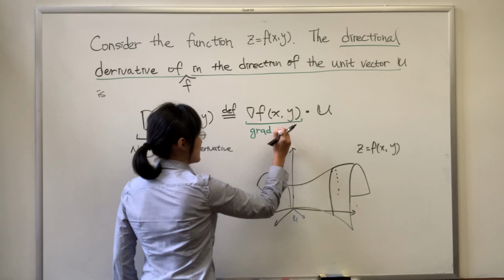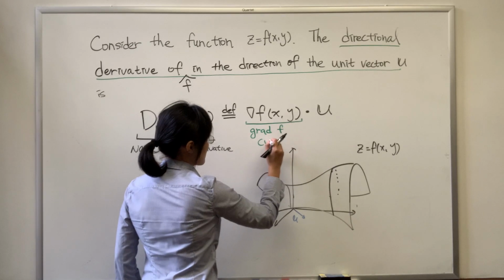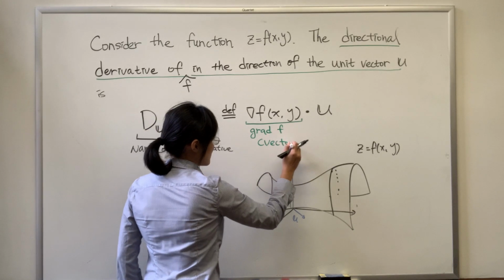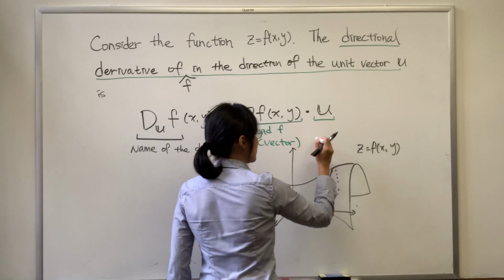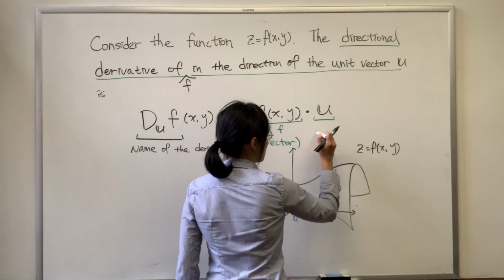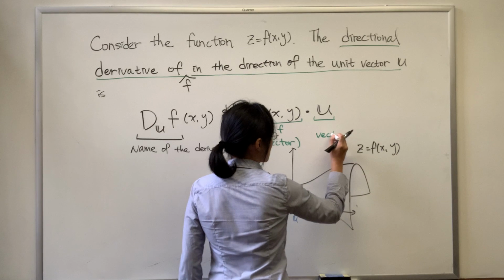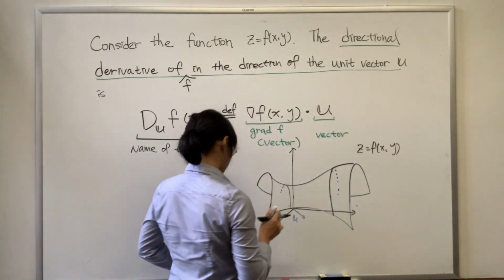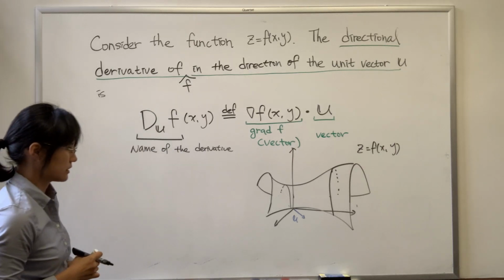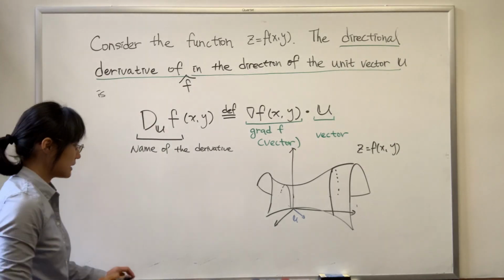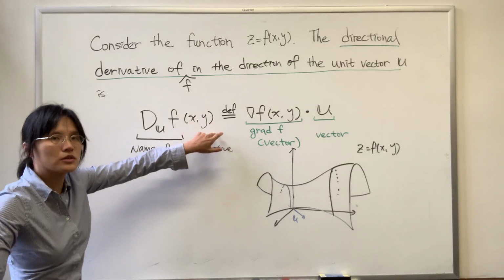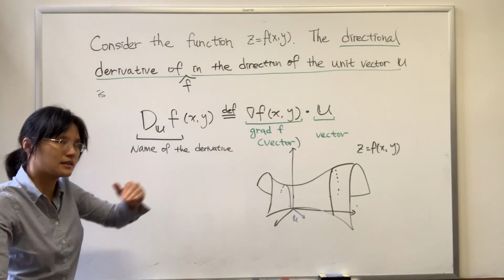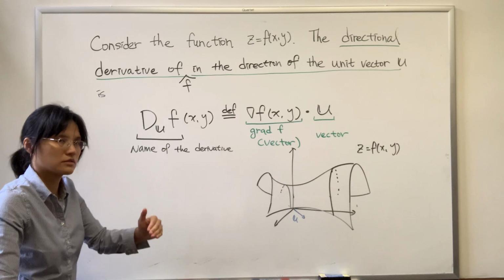So this is gradient f, and what is that? This is a vector. u is given as a vector because that's a vector that gives you a direction. All right, so here's the formula. That's the algebra. It's a formula you need to memorize for finding the directional derivative.